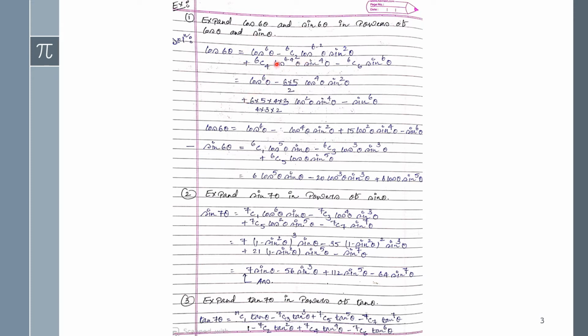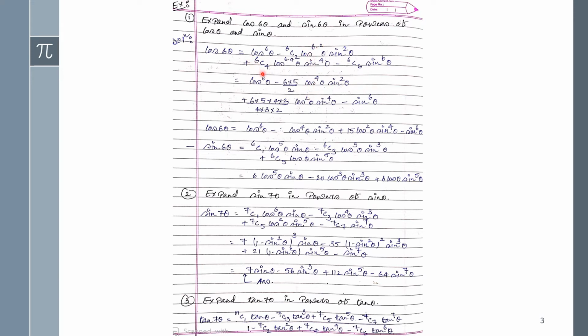So first term I am keeping as it is, cos 6 theta, minus 6C2, that is 6 into 5 upon 2 factorial, and 2 factorial is 2 into 1. Then here cos raised to 6 minus 2, that is 4, so this one will be as it is.